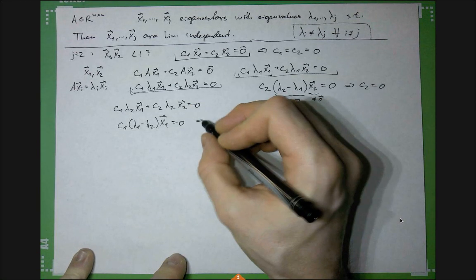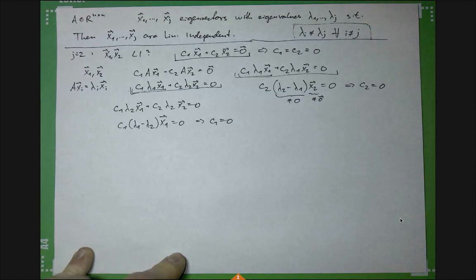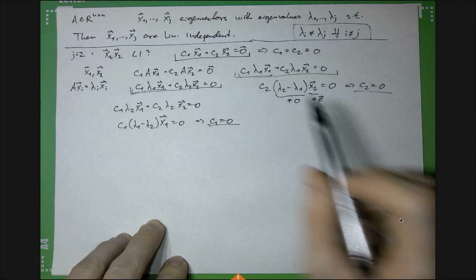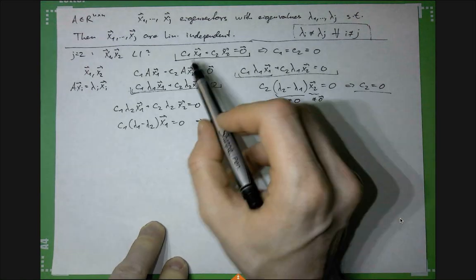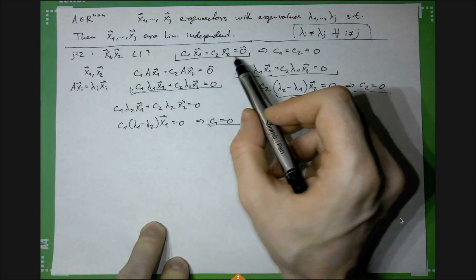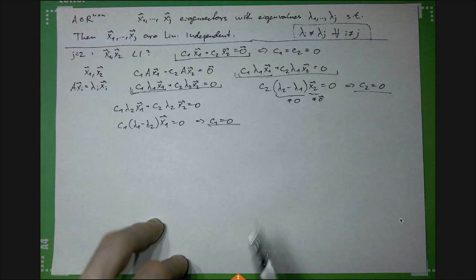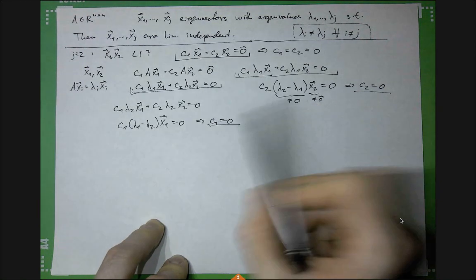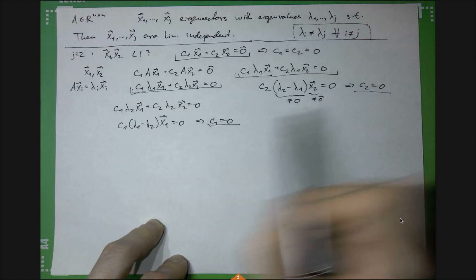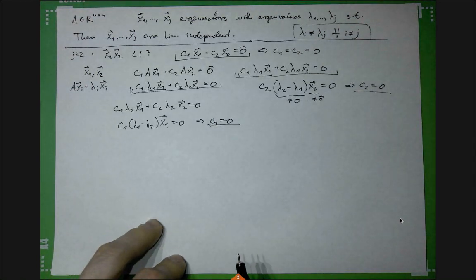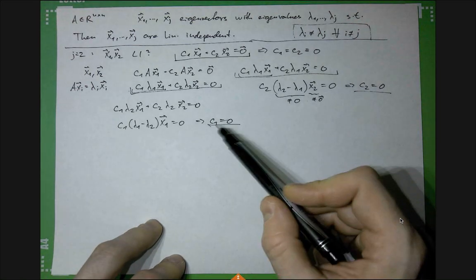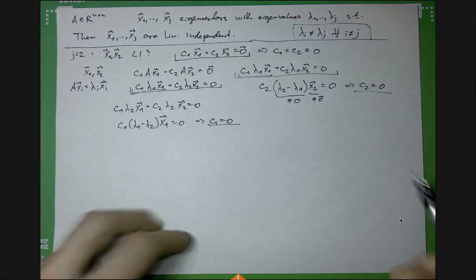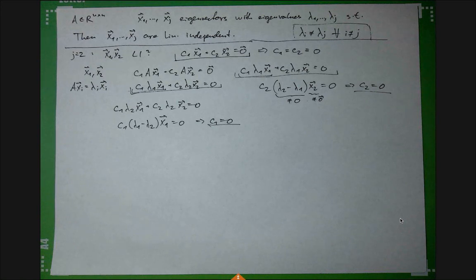Now it gives me that C1 must be 0. So both C2 and C1 are 0. So this verifies that indeed x1 and x2 must be linearly independent, because their only linear combination that gives me 0 is the trivial one, with C1 0 and C2 0. Or the other way around, if I found some non-zero C1 and C2 that gives me 0, I would get a contradiction, whatever way you want to twist the logic.